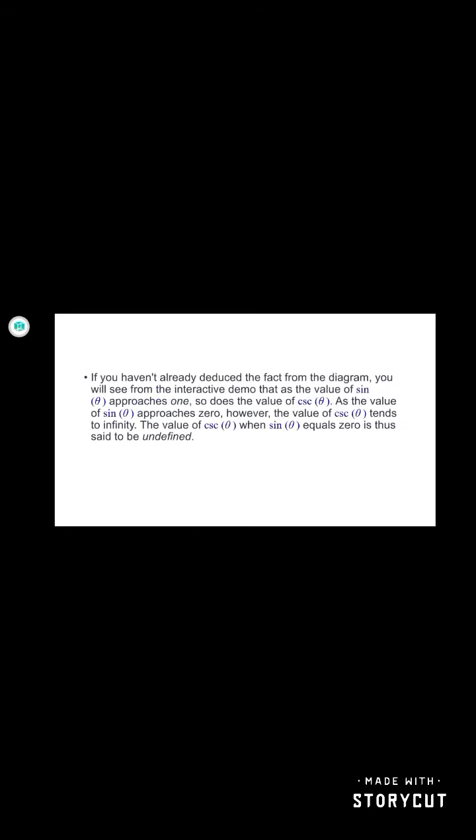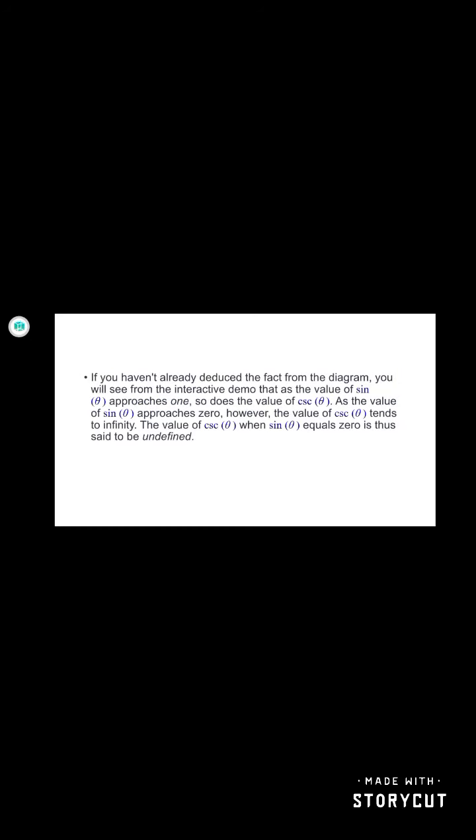Remember that point P is a point on the circumference of the circle whose x and y coordinates represent the value of cos theta and sine theta, respectively. The line segments representing the sine and cosine are also shown.